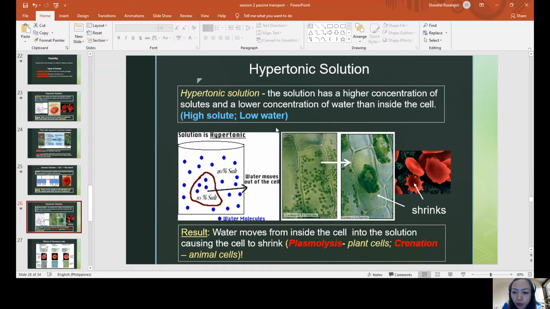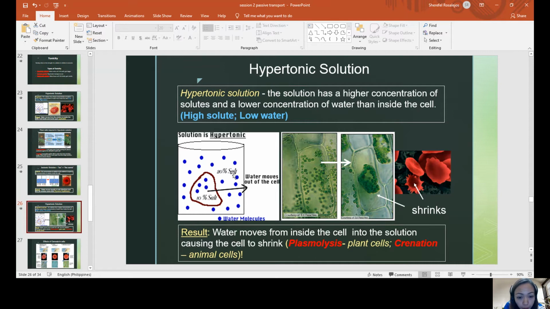Third is hypertonic. When we say hypertonic, class, that is not good. Okay, looking into the diagram, you can see that the concentration of solute outside the cell is higher, and the concentration inside is lesser.